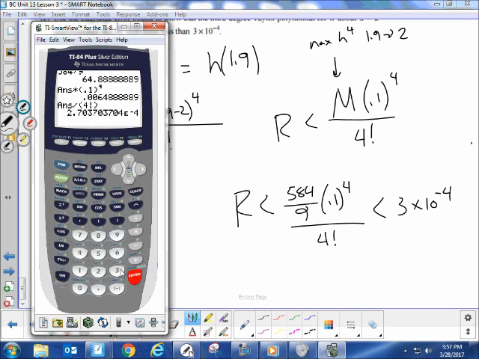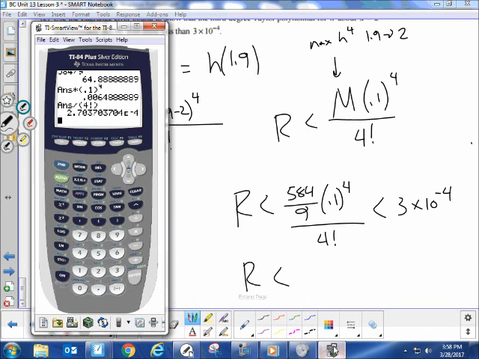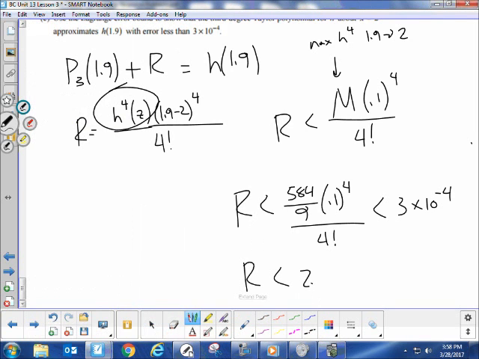And I compare that to 3 times 10 to the negative fourth, and I can see, obviously, that my remainder r is less than 2.7037 times 10 to the negative fourth.